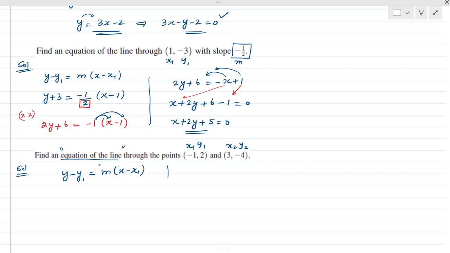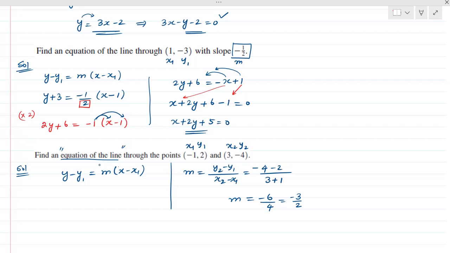We have to calculate the slope first by using these 2 points. What is the slope here? y2 minus y1 over x2 minus x1. So this implies 4 minus 2 over 3 minus of minus 1, which equals minus 6 over 4, which equals minus 3 over 2. So this is the m value, a negative slope.